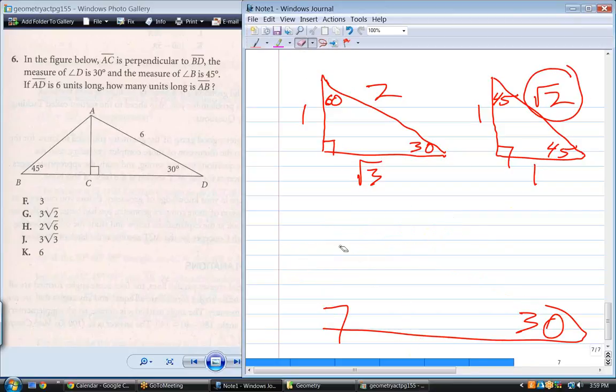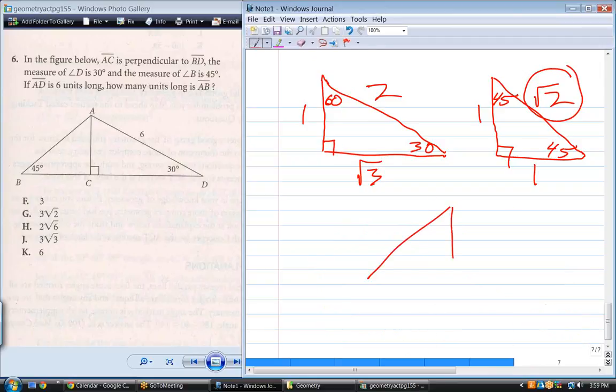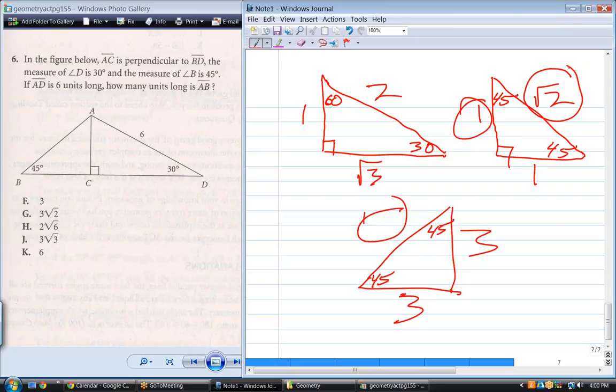Here, let me redraw it. We have a similar triangle that's 45, 45, and we only know that side. But the fact that we know that side's 3 compared to that of 1, well, that means this is 3, and this hypotenuse here has to be 3 times that hypotenuse.